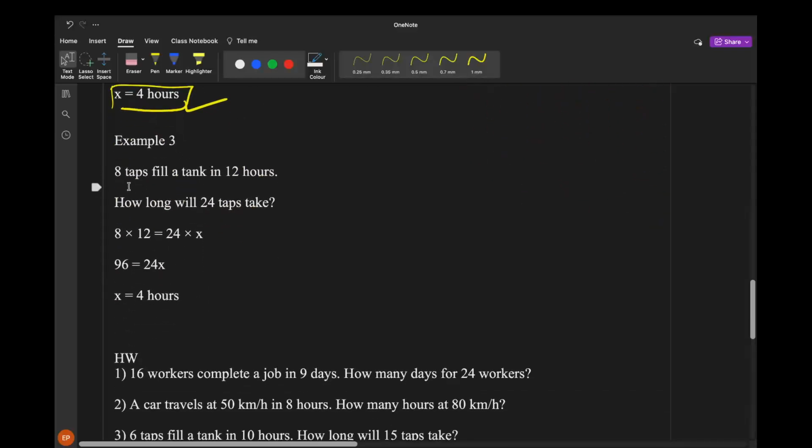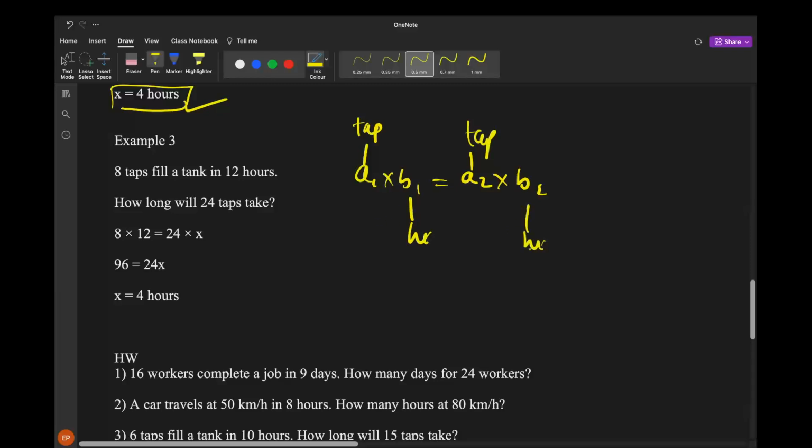Example 3. 8 taps fill a tank in 12 hours. How long will 24 taps take? A1 into B1 equals A2 into B2. Let me take A as taps, and B belongs to hours, time. A1 into B1: 8 taps, 12 hours, so 8 into 12.